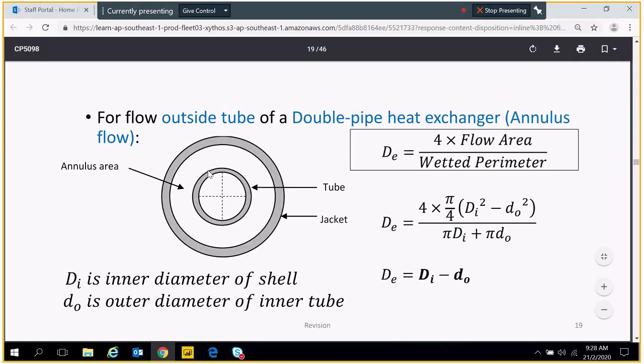This is the small pipe. Small d means DO, outer diameter of the small pipe. DI is the inner diameter of the big pipe. Capital D, big pipe, I is inner diameter. Small d, small pipe, O is outer diameter.